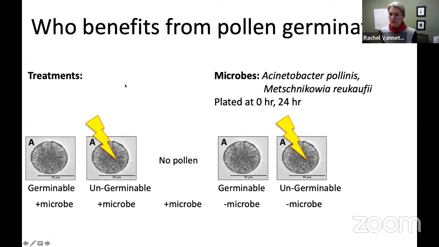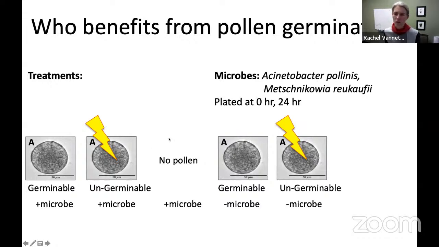To examine that, we took pollen and either kept it live or able to germinate, or microwaved it so that it was unable to germinate but didn't change its nutrient composition.